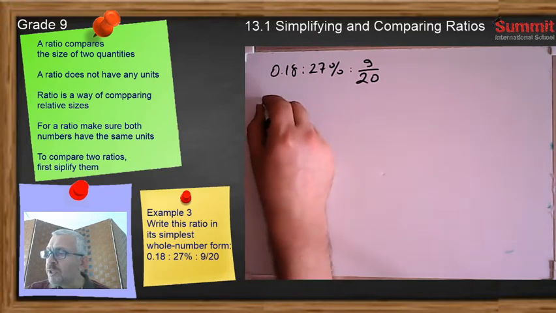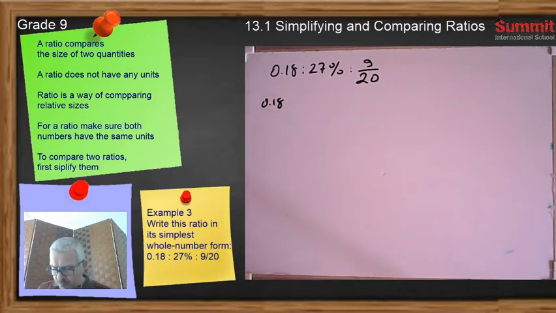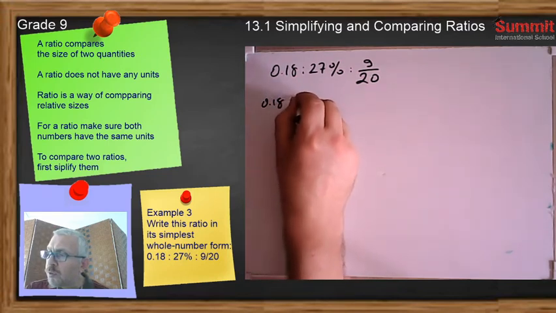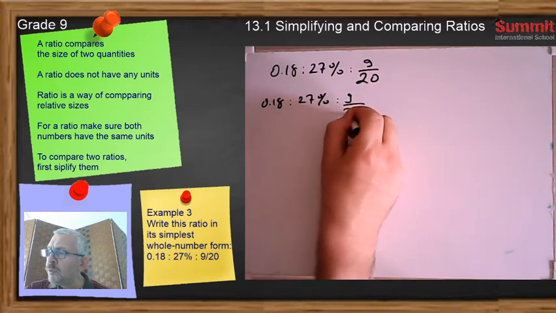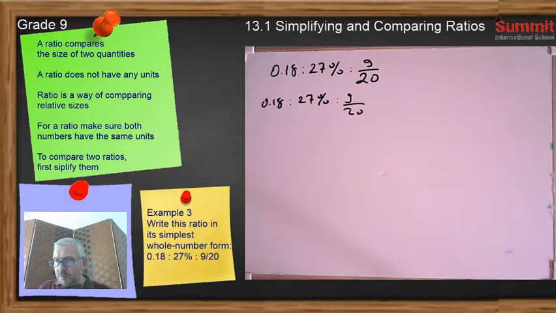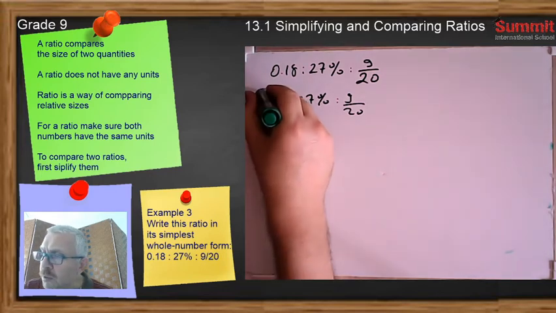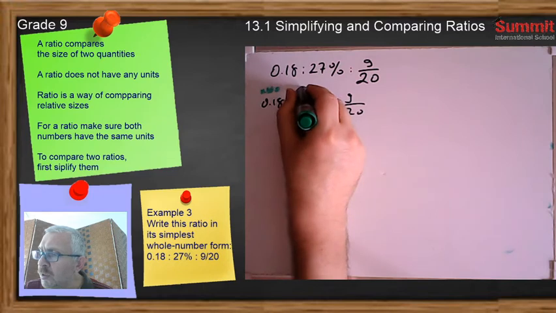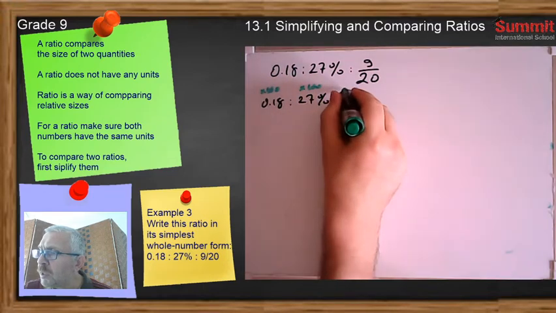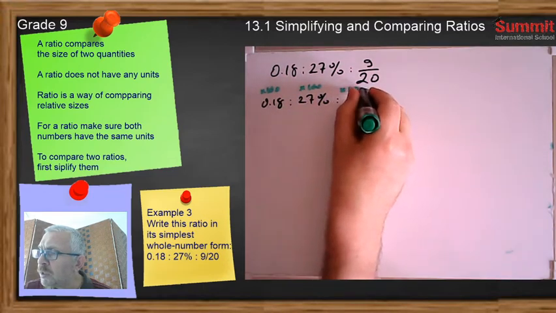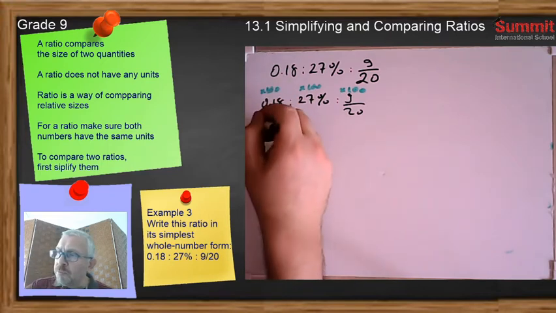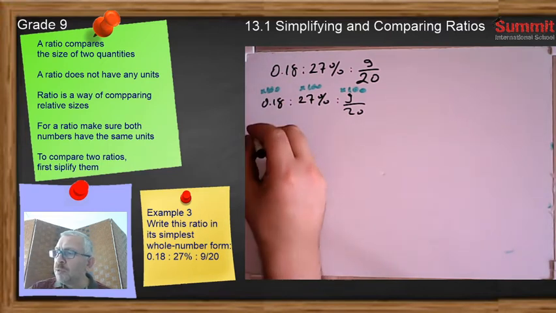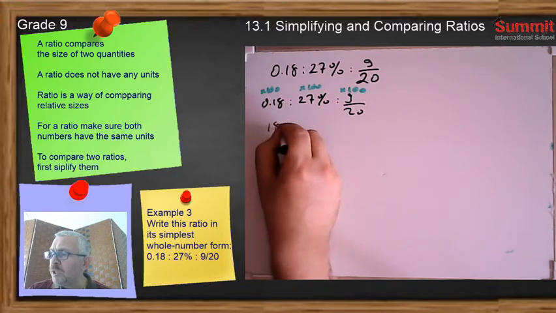It will be 0.18, 27% and 9/20. We are going to multiply them by 100. Now for the decimal, 0.18 multiplied by 100 will be 18.